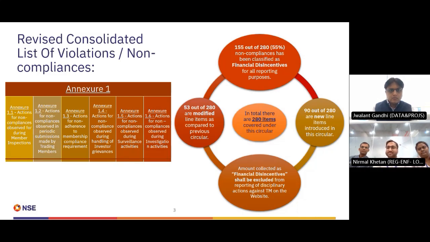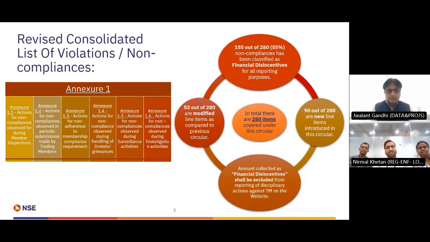The working group has proposed this idea and has received a go-ahead from SEBI. So these financial disincentives are an action for which the reportings will not be impacted.